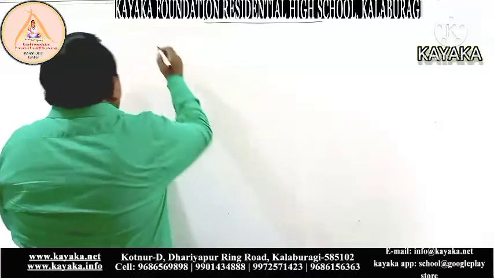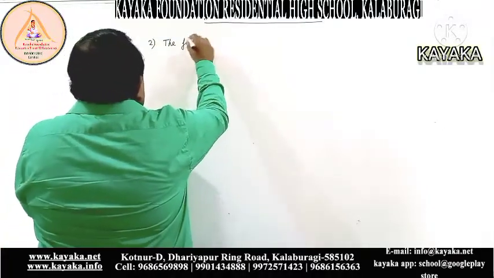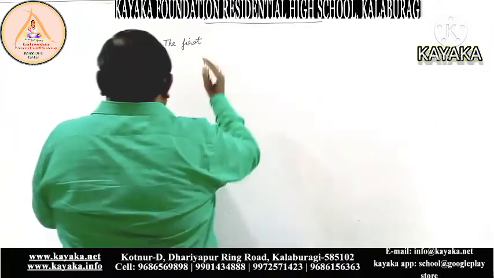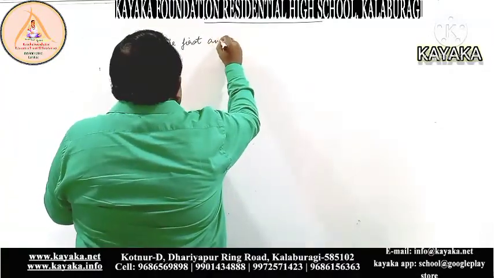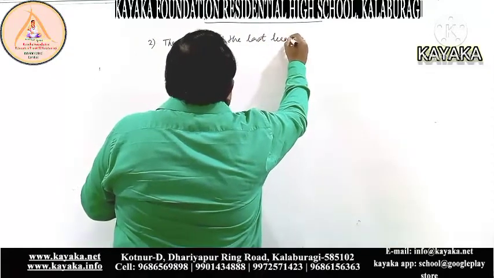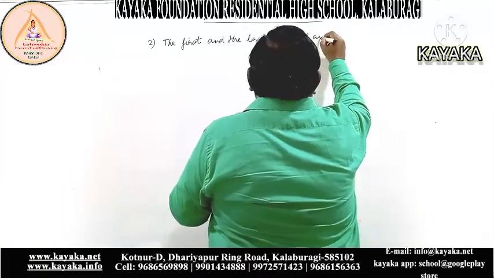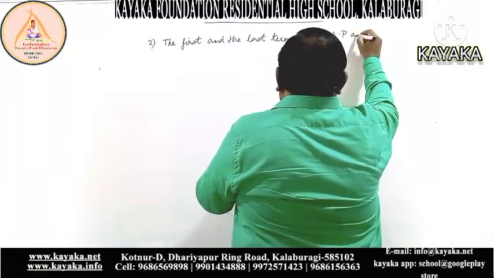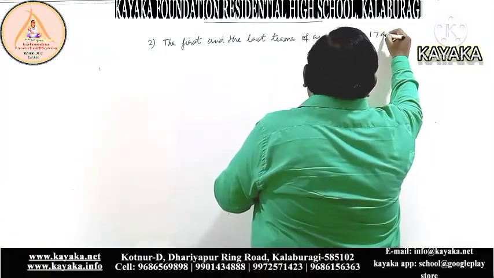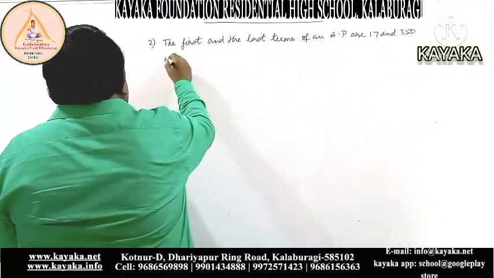Next problem. The first and the last terms of an AP are 17 and 350 respectively.